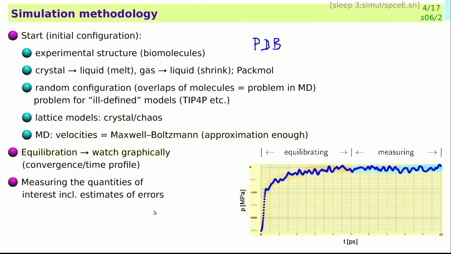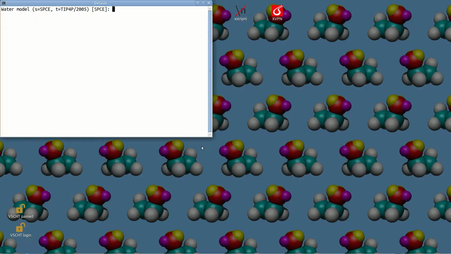I will show you now a simple computer experiment. I have prepared a script for it. I will show you a preparation of a sample of liquid water. And let's try the better model, the TIP4P/2005 version.